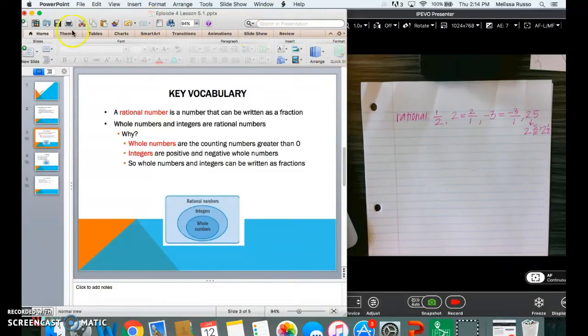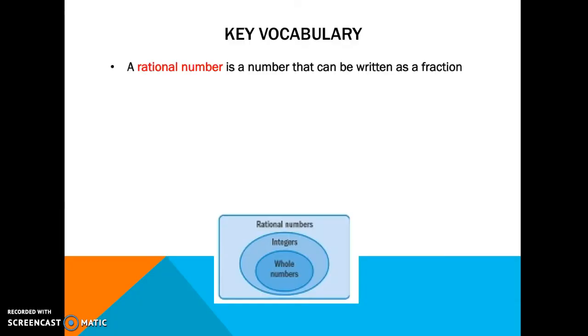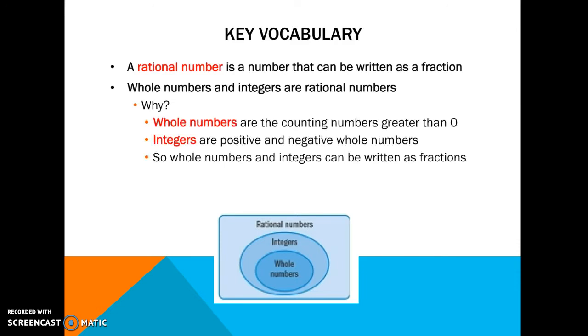Then if we think about whole numbers and integers, which we've talked about in class, whole numbers and integers are going to be rational numbers. Just like the previous examples that we did, we used 2 and -3 as examples. We can write those as fractions. So just a quick reminder of why whole numbers and integers are rational numbers.